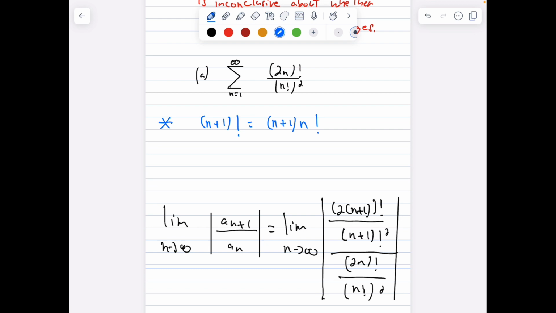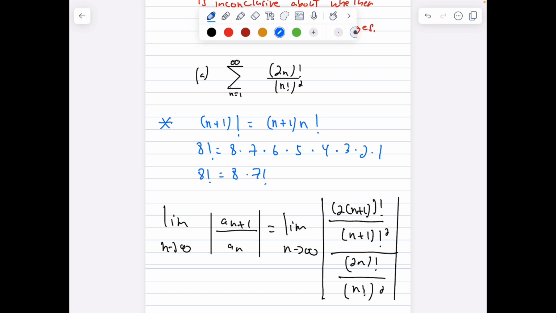Just to give you an idea of how this rule works with numbers, 8 factorial is like saying 8, 7, 6, 5, 4, 3, 2, 1. But 7, 6, 5, 4, 3, 2, 1 is 7 factorial. So that's what this rule is saying: if you take the factorial of a number, it's equal to that number times the factorial of one number less than it. So we'll be using that.